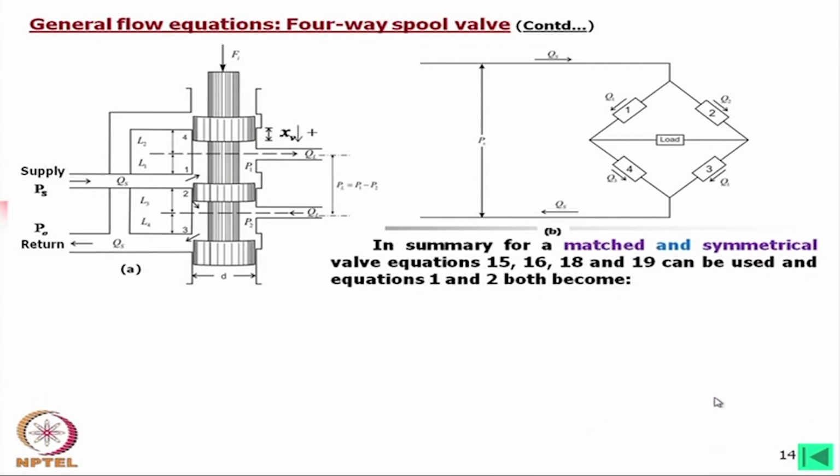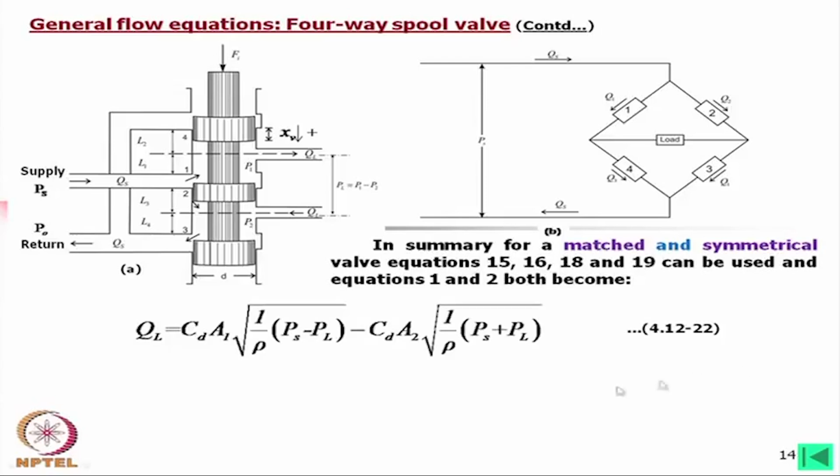In summary, for a matched and symmetrical valve, equations 15, 16, 18 and 19 can be used, and equations 1 and 2 both become QL is equal to CD A1 square root of (1 by rho)(PS minus PL) minus CD A2 square root of (1 by rho)(PS plus PL). Now, you can look into this, we have used only one CD because we have assumed they will be the same.